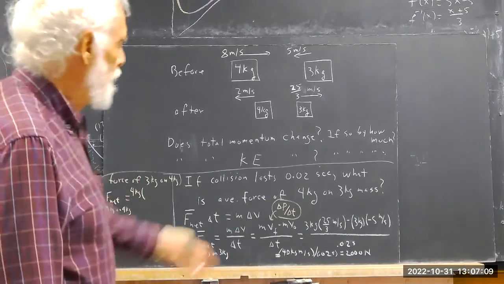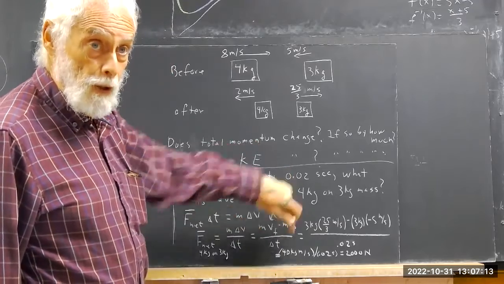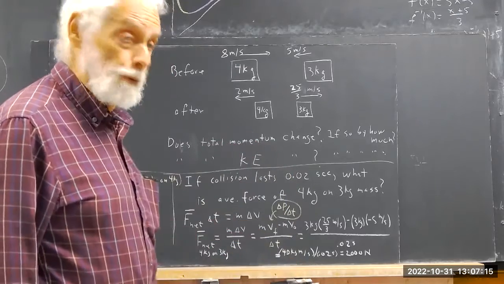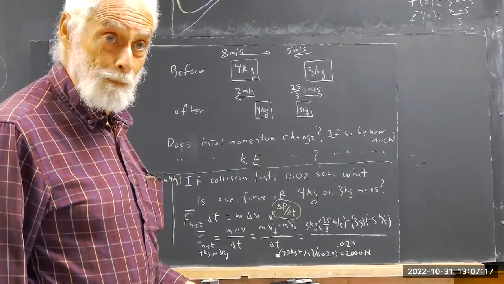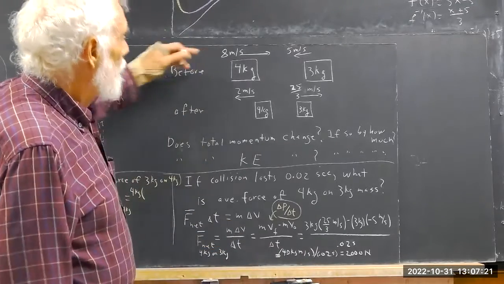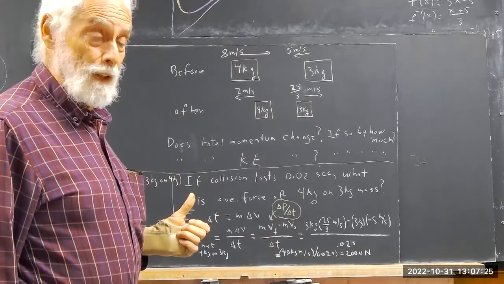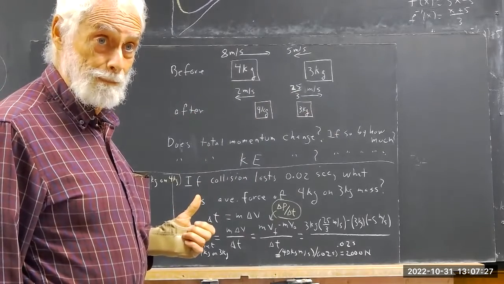Now I wrote out the mvf minus mv naught to be sure we understand that's a delta p over delta t. We don't really need that reinforcement now that we've seen it. So we can just go to the m delta v. What's delta v? It goes from 8 meters per second to negative 2 meters per second, and that's a negative 10 meters per second.